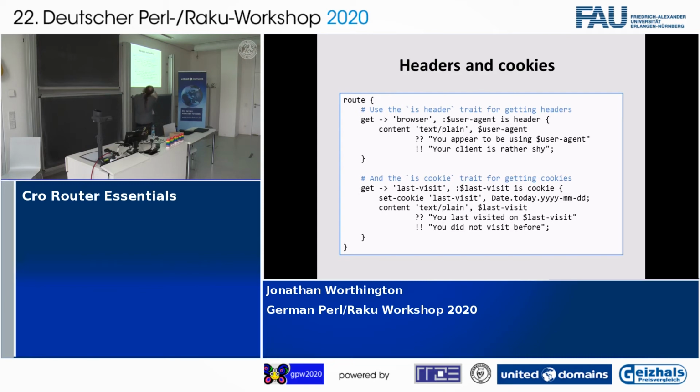If you do the same, but you put is header or is cookie, instead of sourcing the data from the query string, it sources it either from the headers of the HTTP request, for example, getting the user agent, or it sources it from the cookie. The cookies that are sent with the request instead. So with this one we can keep track of the last visit you made, for example, and there we can set another cookie. That's how you set a cookie.